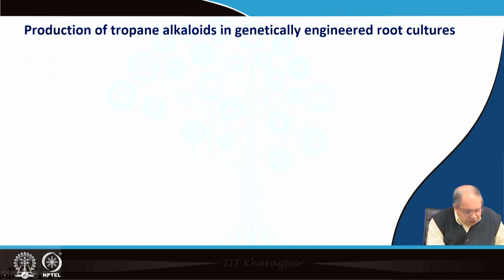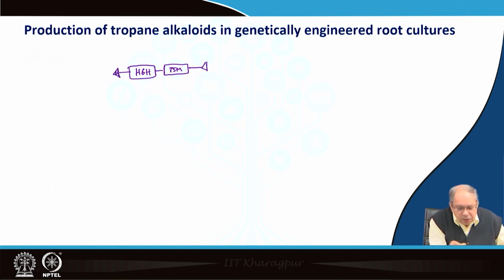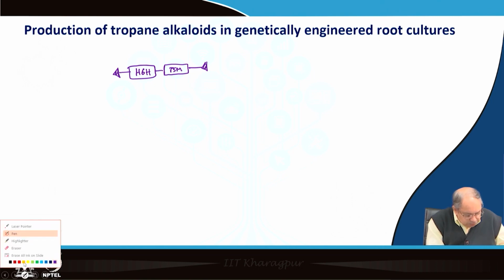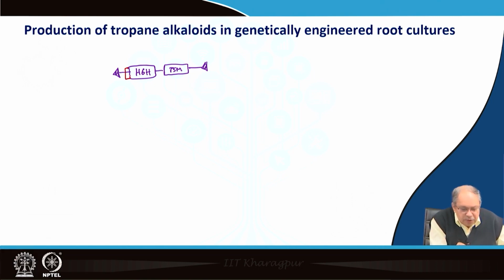So, the construct I have drawn briefly, I am not drawing the promoter and terminator here because of time concerns. Just for one time I will put it so that you will not get confused.